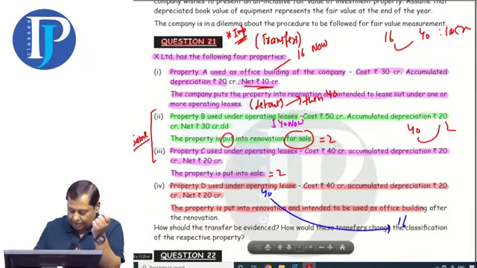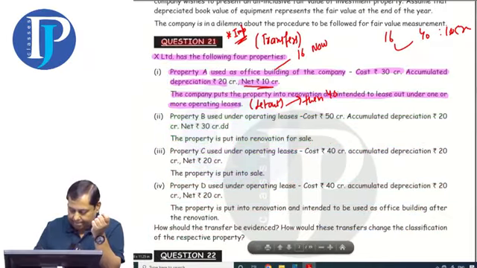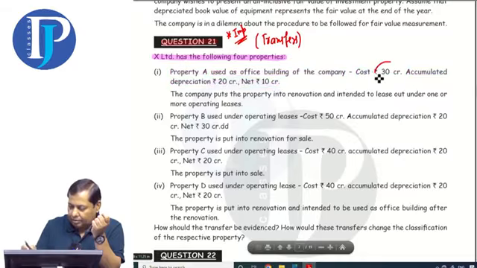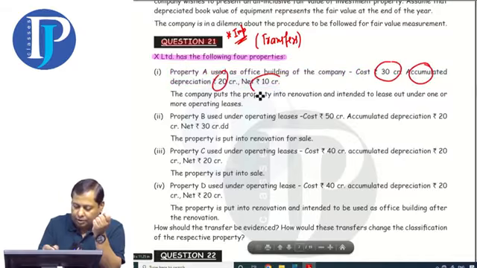So the property A here, 30 crores, 20 crores, 10 crores was used as office building. It was an office building, so we applied 16, now we'll rent it out.